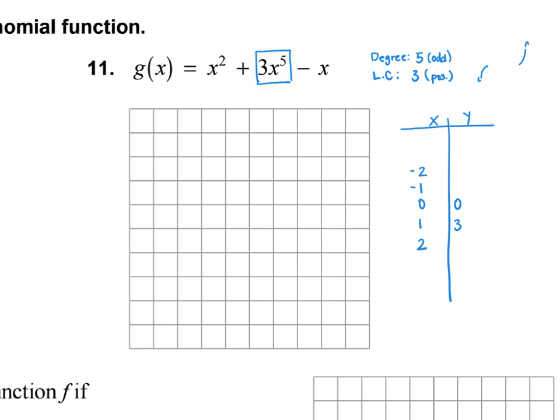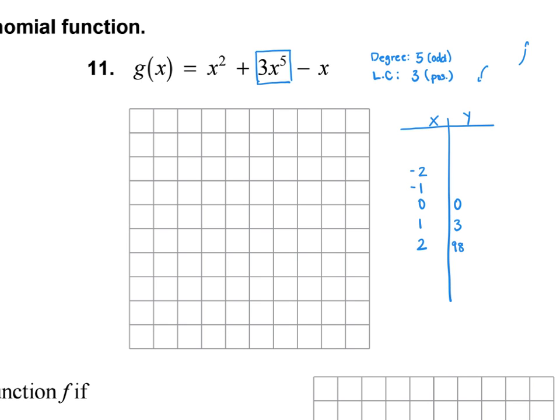If we plug in 2, 2 squared is 4. 2 to the 5th power is 32 times 3 is 96. Plus 4 is 100. Minus 2 is 98. That is a huge number. But at least we know that it's going in the right direction because that number is big. That means that it's rising on the right, which is what we expect.